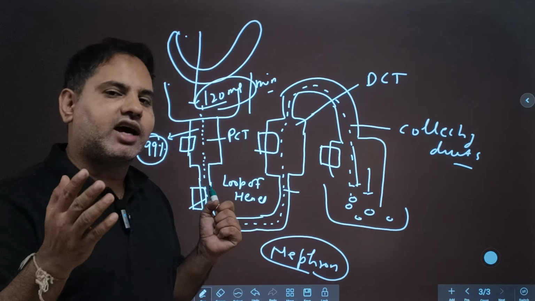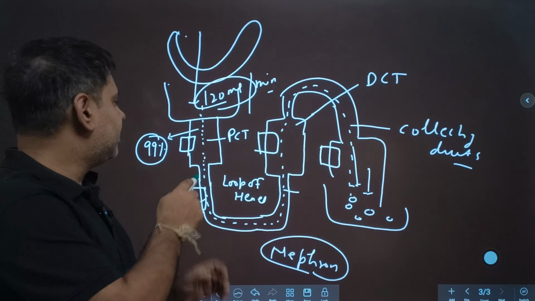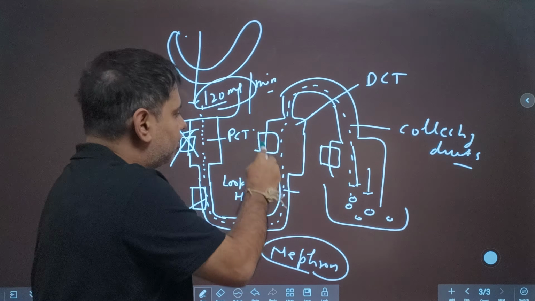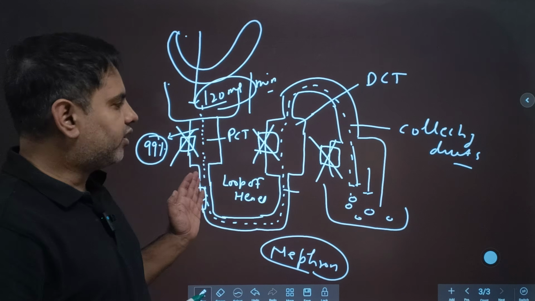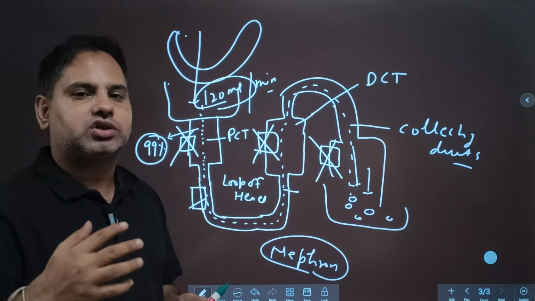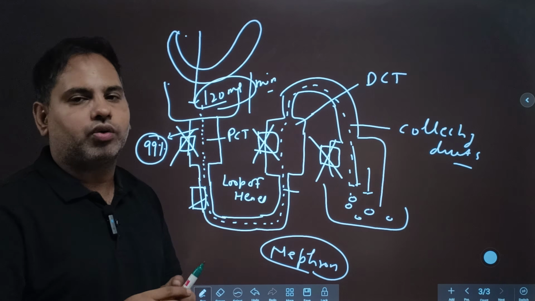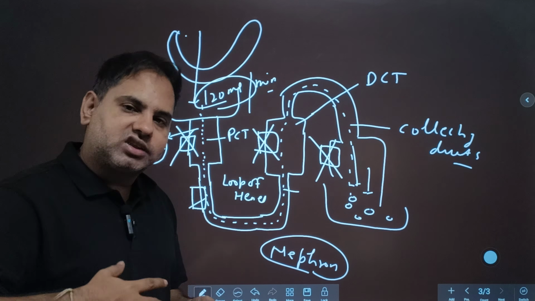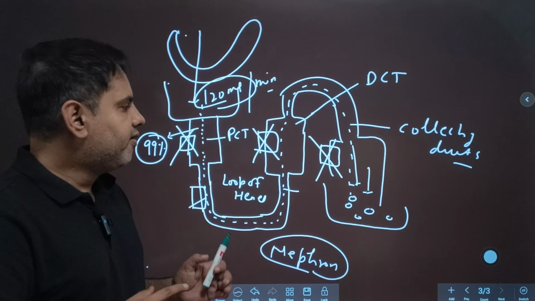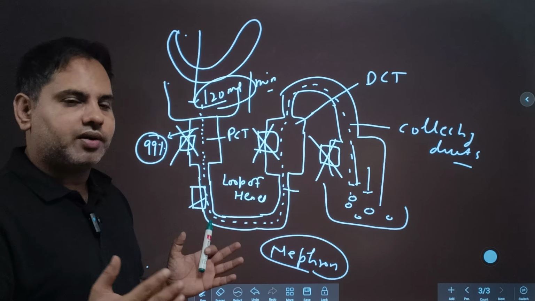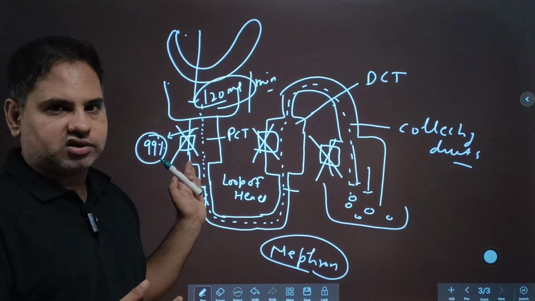Diuretics are those drugs which inhibit the reabsorption of these ions or water molecules. What are diuretics? Diuretics are drugs which increase the output of urine and increase the excretion of sodium, which we call natriuresis, right? How do they do this? By blocking these channels.